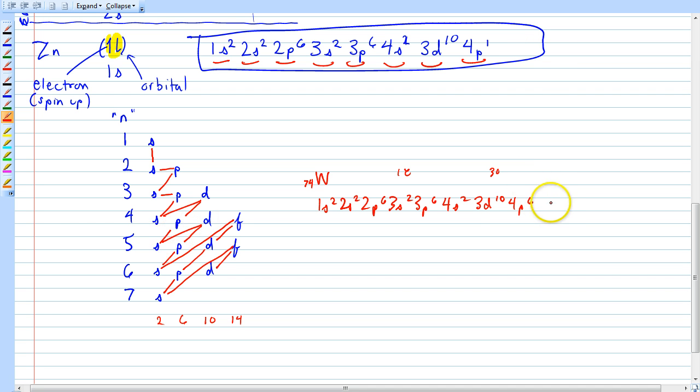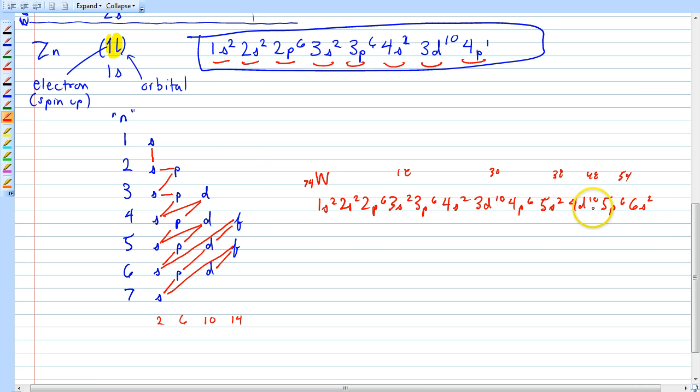After the 4p, I go to the 5s. 5s2, that's 38. After the 5s, it's the 4d. 4d10, that's 48. After the 4d, I go to 5p. 5p6, that's another 6. That brings me up to 54. After 5p6, it's 6s2, that's 56.